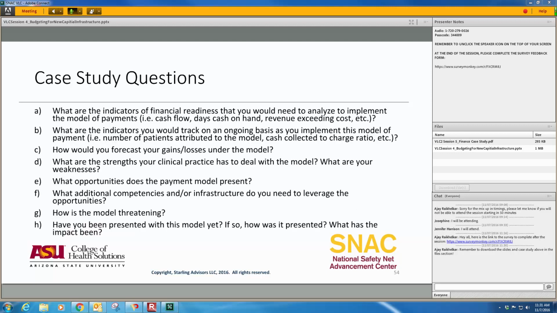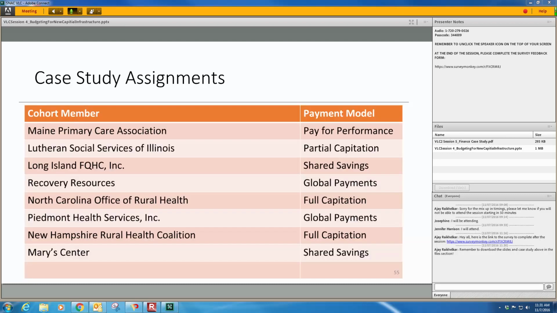So the case study questions that you'll be reviewing and should come prepared to discuss next time are enumerated on the screen, and you'll have in your case study materials each of the 5 reimbursement models. We took a pass at putting this together for you in terms of which one of those models you'll be looking at, and again, you'll see them described in your case study.